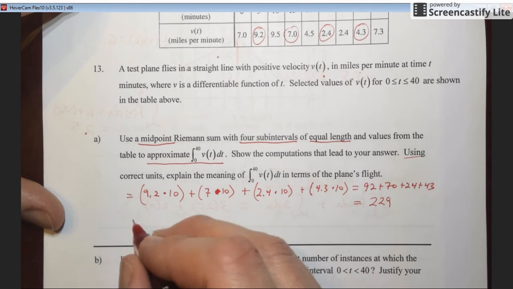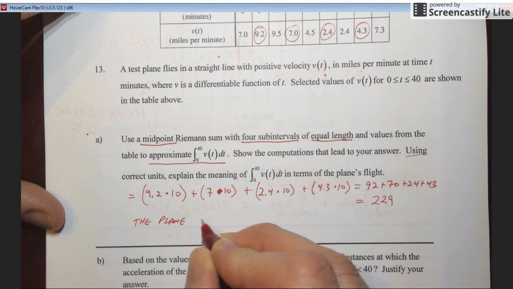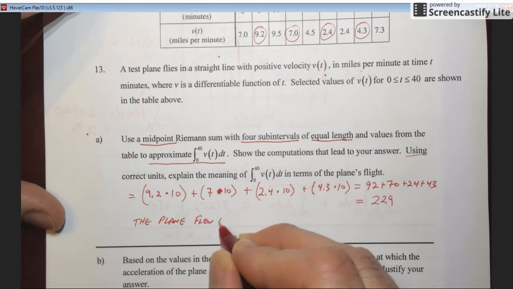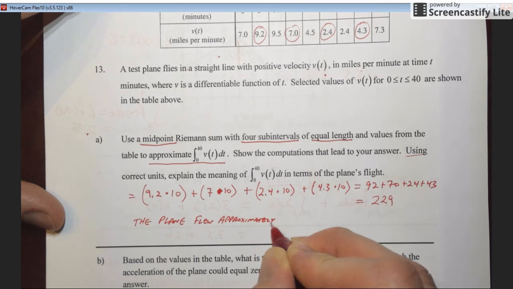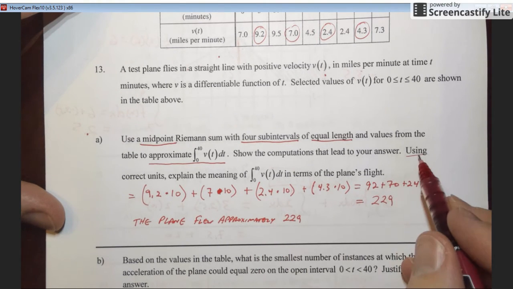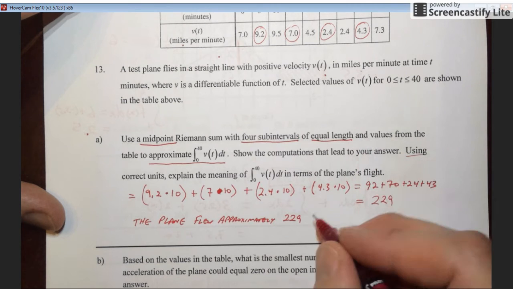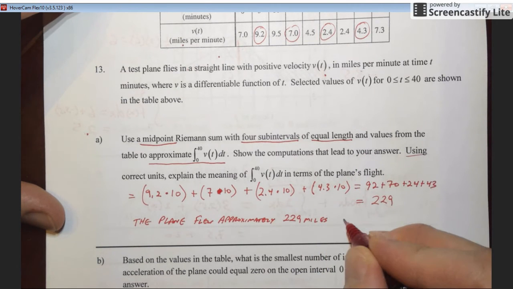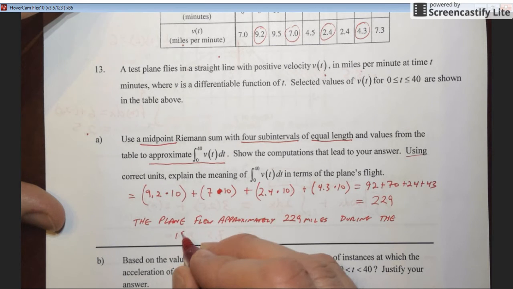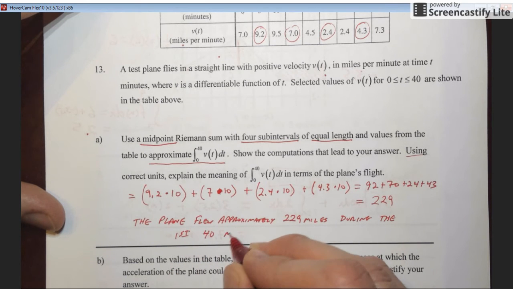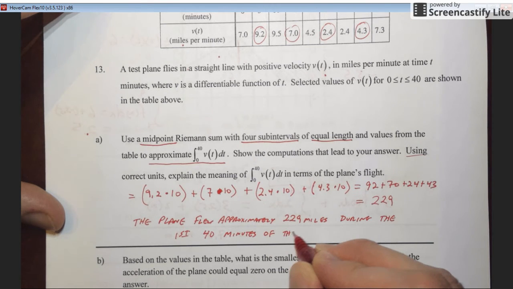So we know that the plane flew approximately 229, and remember it says using correct units, 229 miles during the first 40 minutes of the flight.